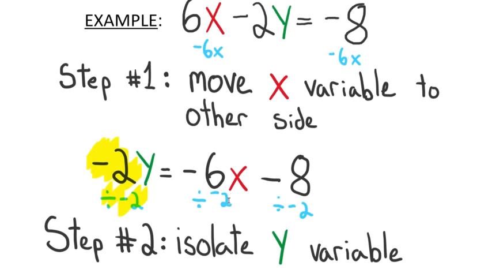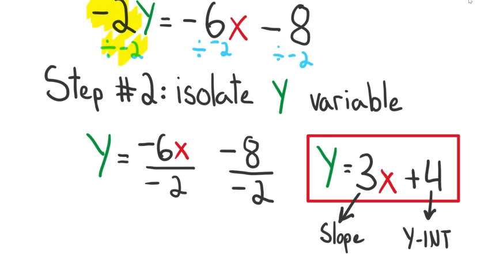Negative 6 divided by negative 2 and negative 8 divided by negative 2. Through dividing on both sides, this results in 3x plus 4. 3 is our slope and 4 is our y-intercept.